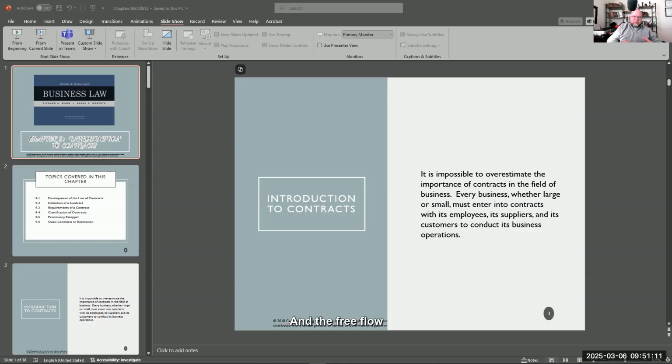So contracts are so important to our business world and how we maintain our businesses and the free flow of commerce and everything that we do as far as purchases we make to the corporations we buy from and how they supply those items. Really and truly, no matter what industry you're in, you're going to run into contracts and contract negotiation.